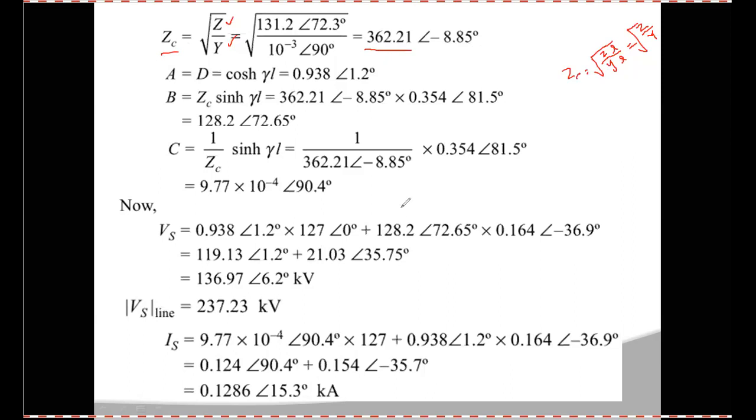Okay, now after calculating the value of ZC, what is A and what is D?